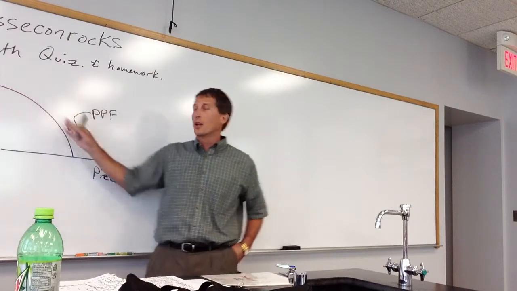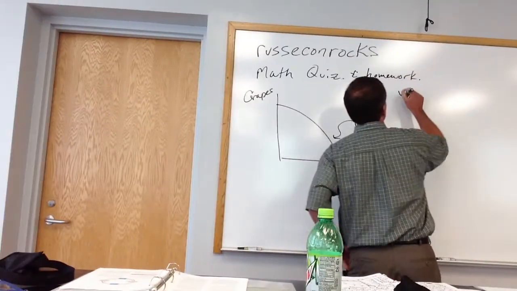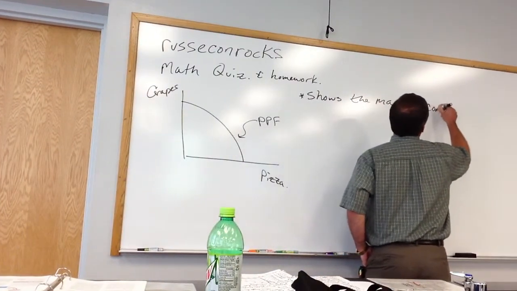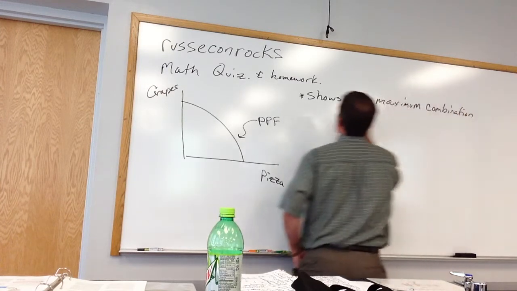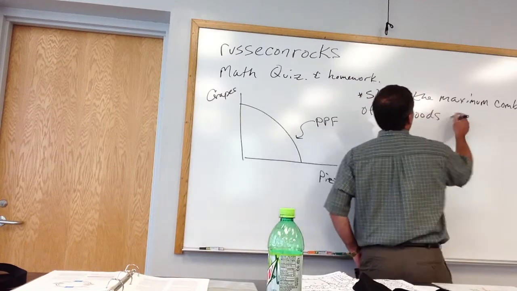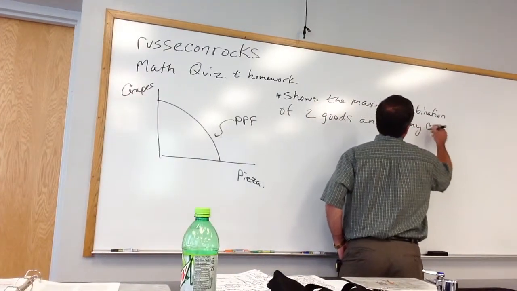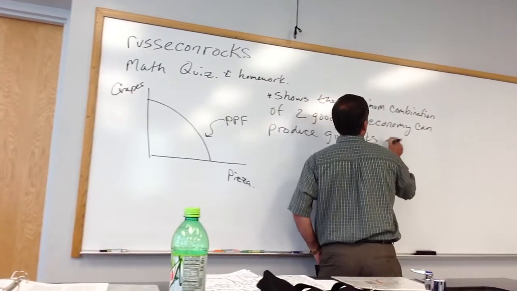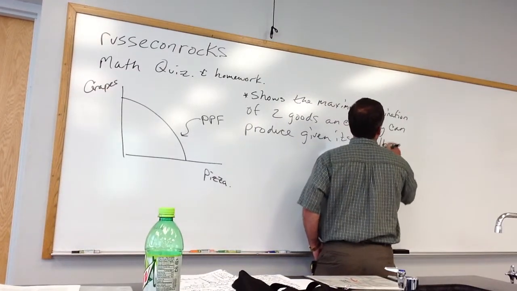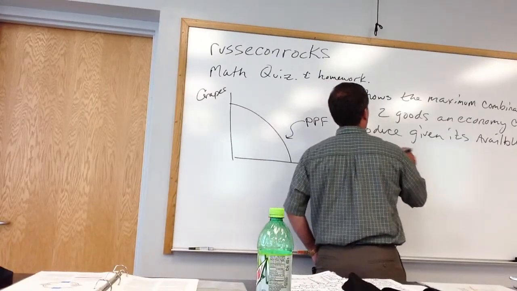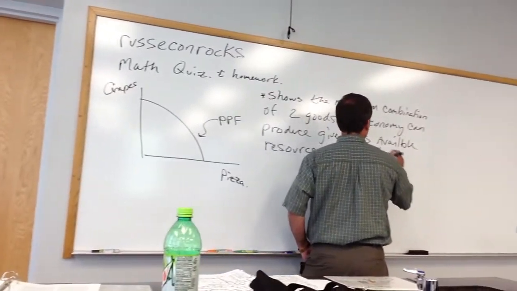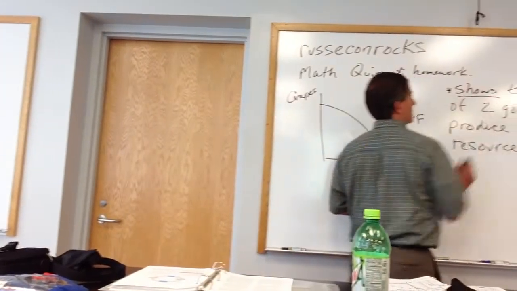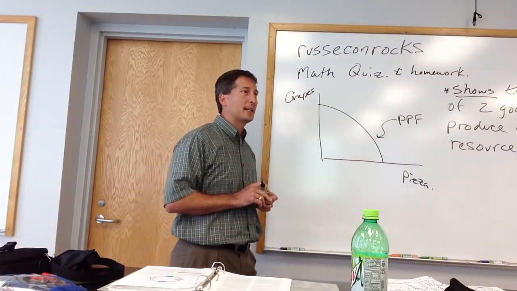The production possibilities frontier shows the maximum combination of two goods an economy can produce given its available resources and technology.